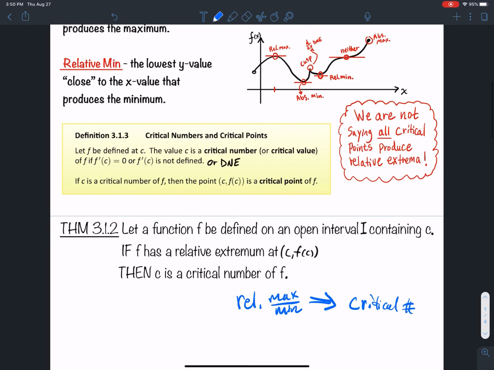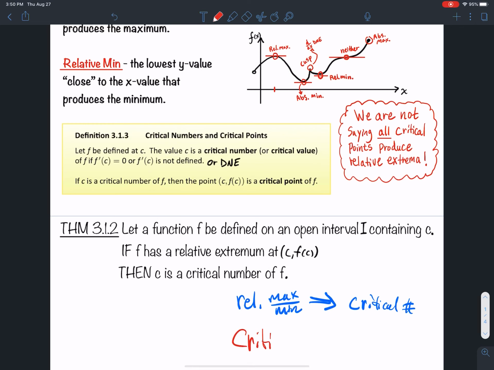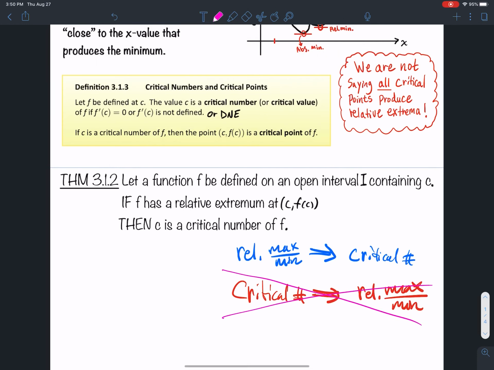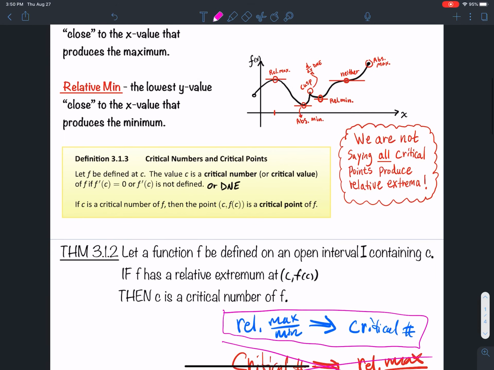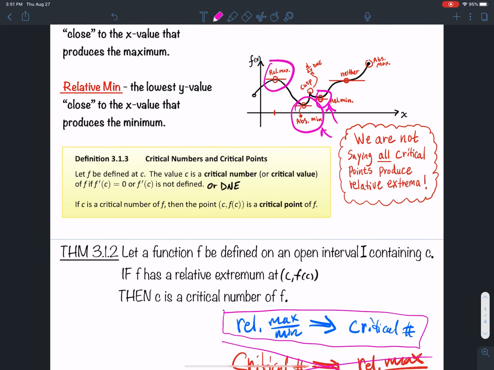okay? What we're not saying is this. We're not saying if I have a critical number, then automatically we have a relative max or min. Okay? That is not what we're saying here. This is wrong. All right? But this is the theorem. If I know that there's a relative max or min, then I know for sure that those are going to produce critical numbers.